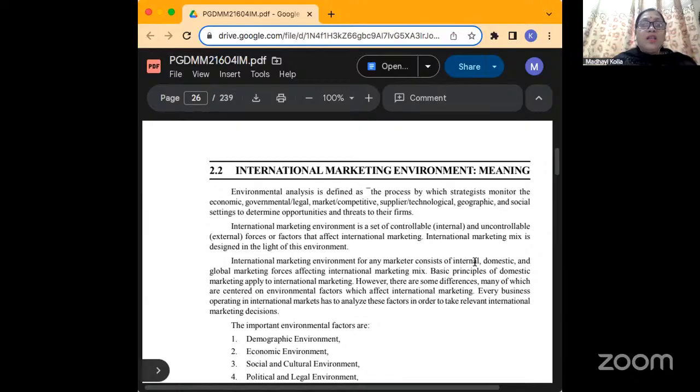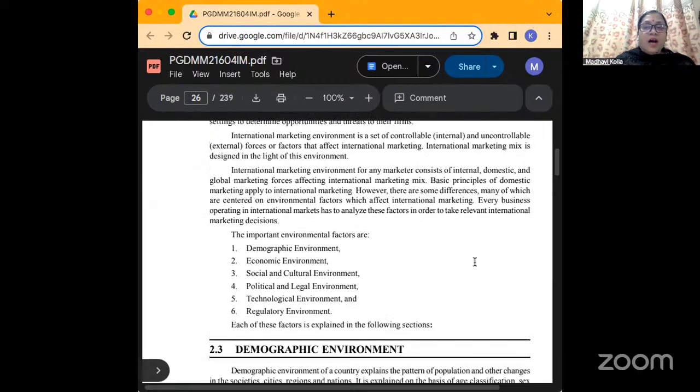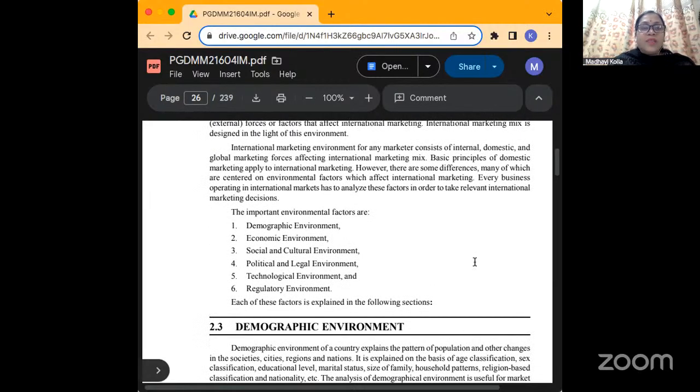However, the product line that we offer internationally is within our control. So that is where the differentiation comes in. So international marketing also has certain factors that are internal, that are domestic, that means the home country, and global marketing forces, that is the host countries where we are supplying our goods or services.